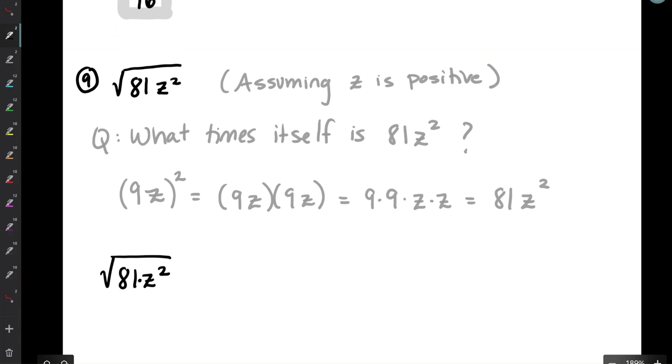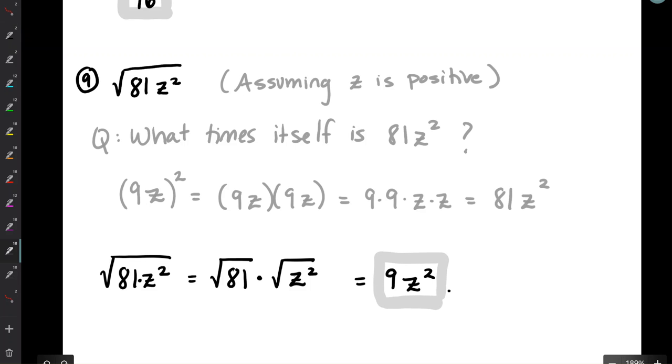Because this is multiplication right here, we can ask myself, what's the square root of 81 and what's the square root of z squared separately? And there we have it as 9z. There's our answer, and we are done.